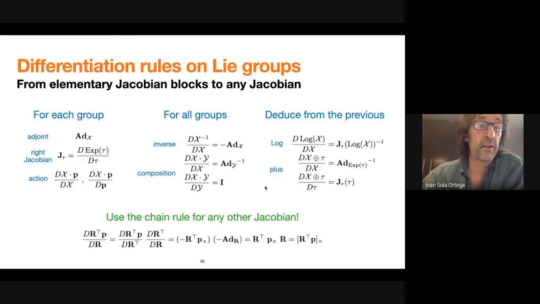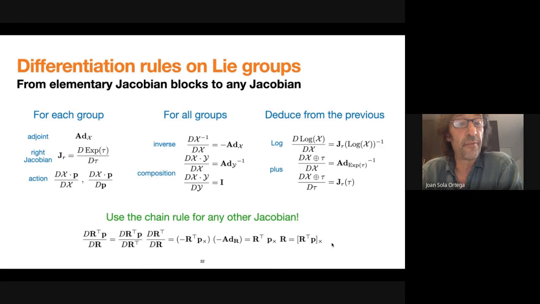And then when you have a complicated formula, like the differential of R transpose P with respect to R, you apply the chain rule, and you get here. So computing Jacobians for operations involving elements of Lie groups is doable, it's rigorous, it's nice, and you get Jacobian matrices the same way that you got Jacobian matrices in vector spaces.